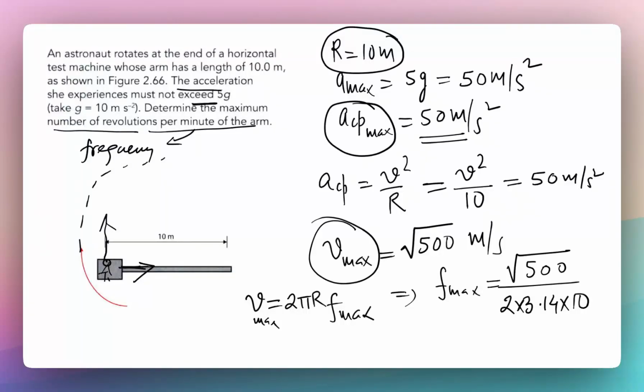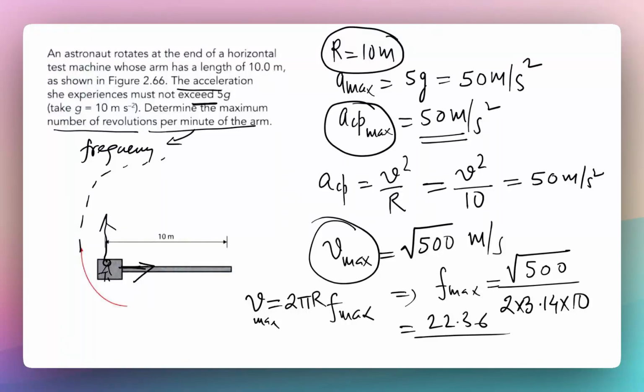So now let's try and calculate that using our calculator. So we're going to go root under 500, right? That is 22.36.